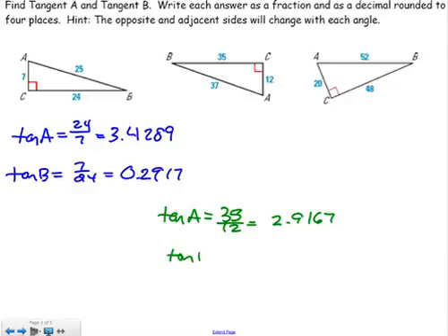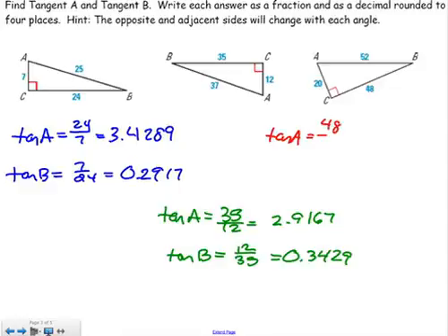For the tangent of B, again, it's just going to be the reciprocal, so that's 12/35. So that should be 0.3429 as our answer.